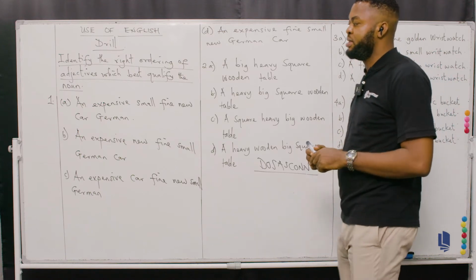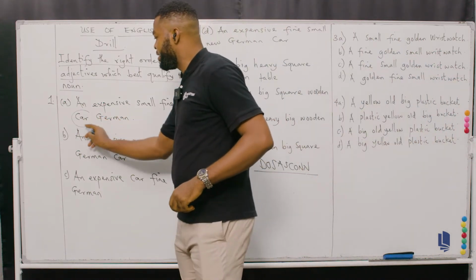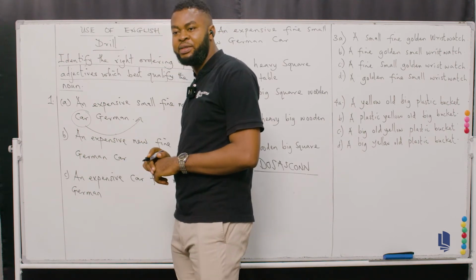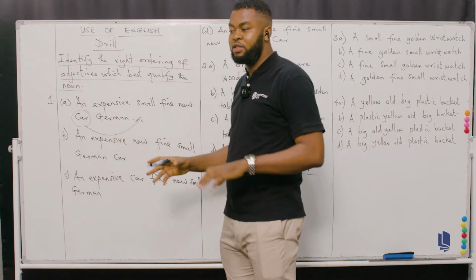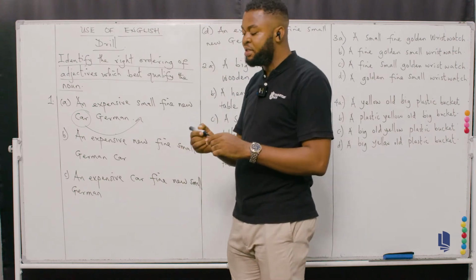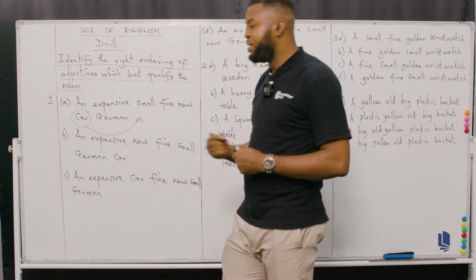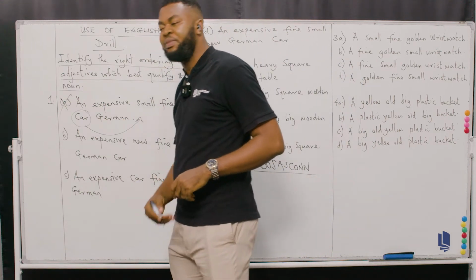For instance, this car is the actual noun, which is supposed to be positioned at the end. Can you see that now? So here it is being repositioned, so it can never be the answer.